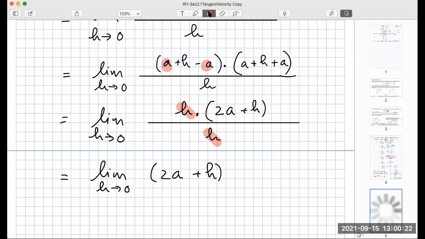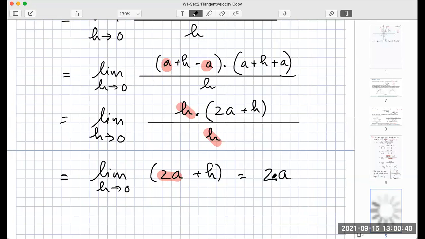a is a constant. As h approaches 0, then it will be just 2a. So we computed this for a general a, right?